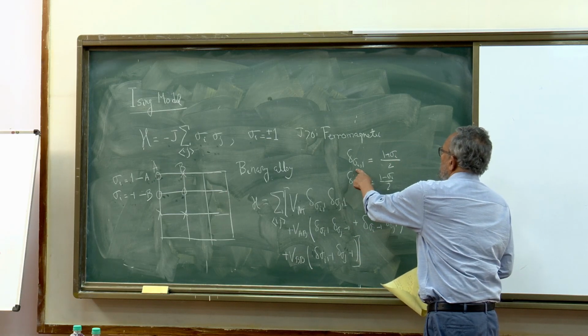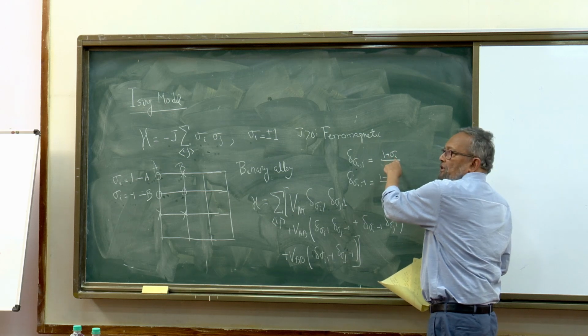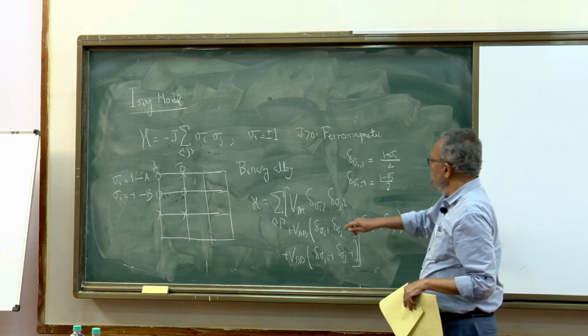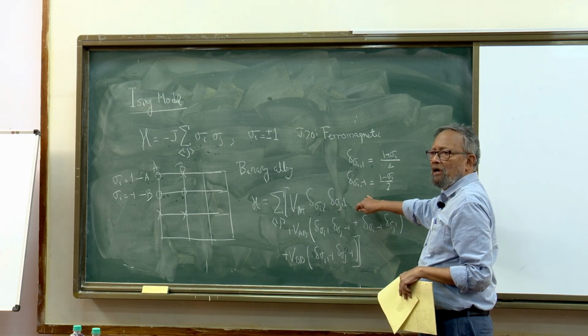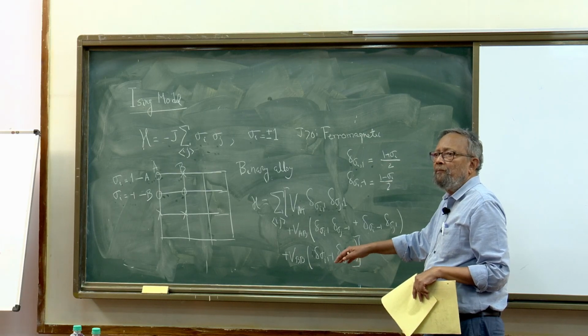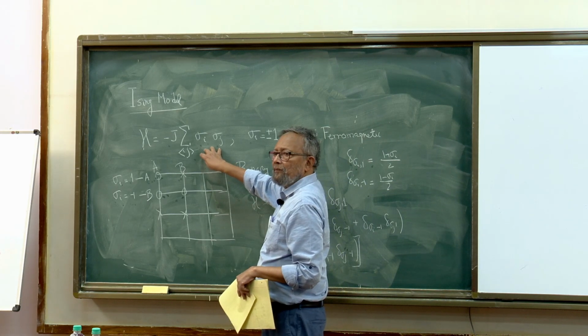If sigma_i is equal to plus 1, this gives you 1, and if sigma_i is equal to minus 1, this gives you 0, and the other way around. So I write this delta function simply in terms of sigma_i and sigma_j, and then expand this out. You will get basically a term like that.